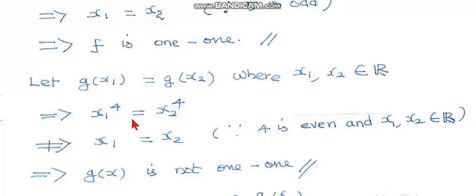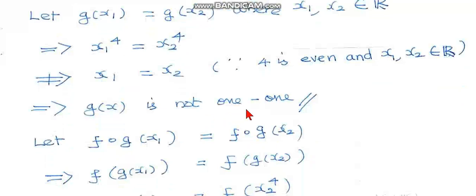So x1 need not be equal to x2. So x1 to the power of 4 equal to x2 to the power of 4 does not necessarily imply x1 equal to x2, because 4 is even. That implies g of x is not 1, 1.